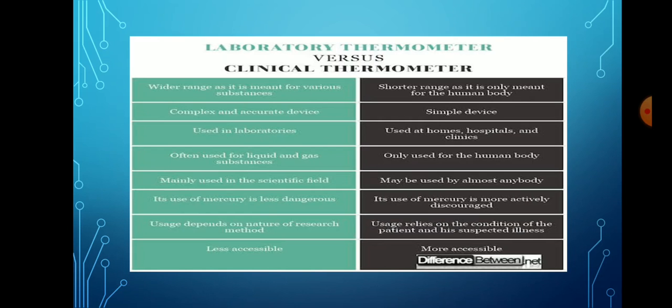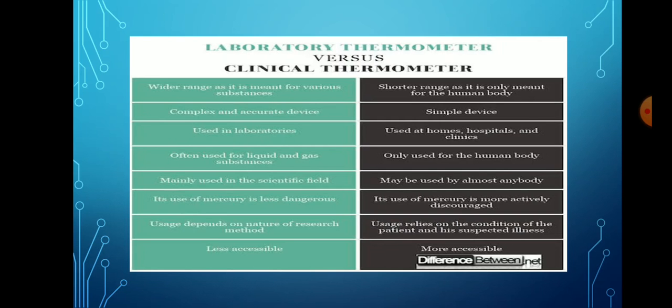Laboratory thermometer are used in the laboratories while doing some experiments or to measure the temperature during the reactions, whereas the clinical thermometers can be used at homes, hospitals and clinics. Laboratory thermometer do not have any kink in the mercury column, whereas the clinical thermometer has a kink in the mercury column.